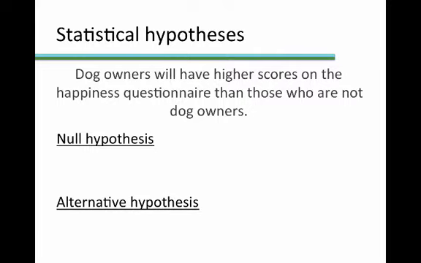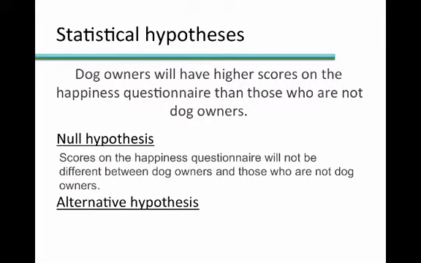The null hypothesis will be a statement of no difference between our variables of dog ownership and happiness. So, scores on the happiness questionnaire will not be different between dog owners and those who are not dog owners. Now let's state the alternative hypothesis.